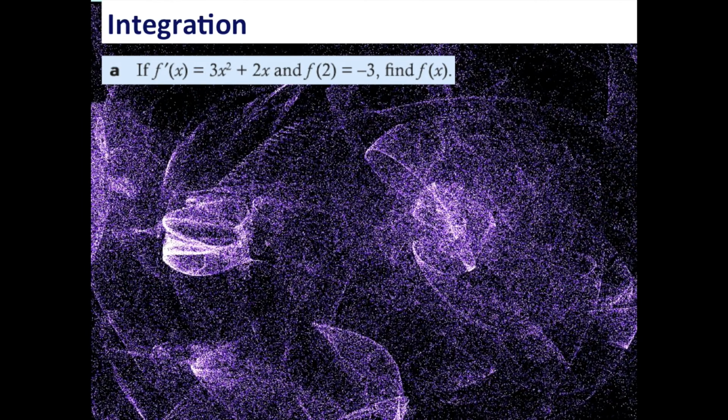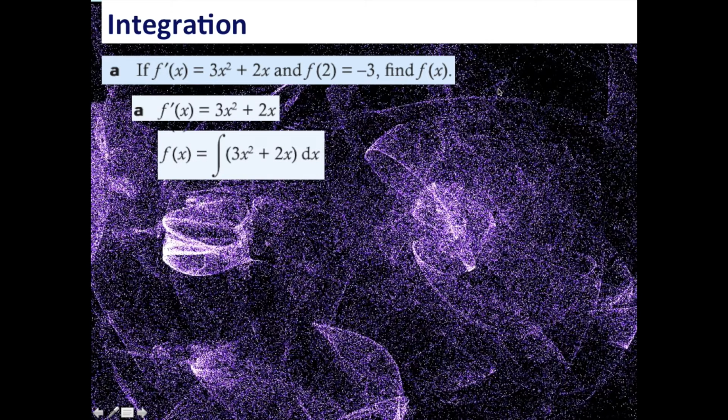So part 1, this is saying if the derivative of f(x) is 3x squared plus 2x, and we also are told that f of 2 equals -3, find f(x). So we've got to work backwards, or actually integrate this function, to find f(x).